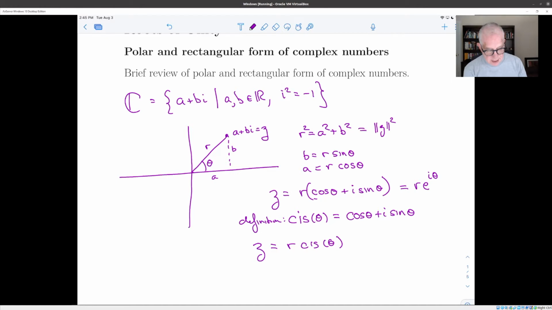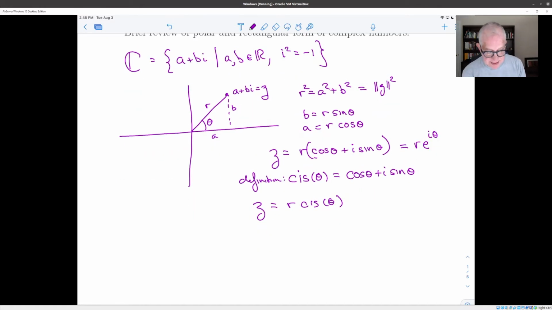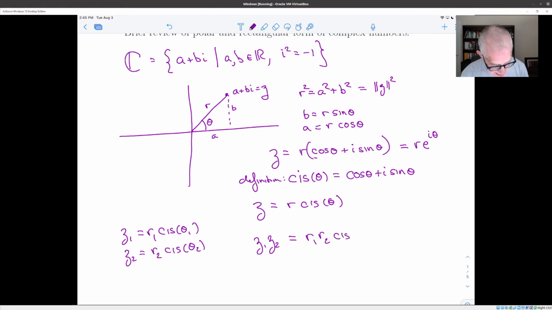And what's nice about this is that if you have two complex numbers, z1 is r1 cis theta 1, and z2 is r2 cis theta 2, then z1 times z2 is r1 r2 cis theta 1 cis theta 2.